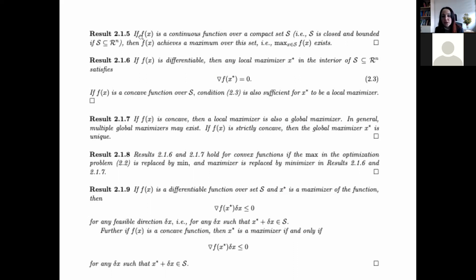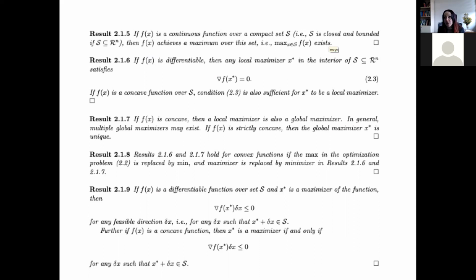If f is continuous over this set, then f will have to achieve a maximum over this set, because you may think this is quite intuitive. There has to be some maximum value. It does not have to be a unique point, but there has to be a maximum. Why do we need S to be closed?